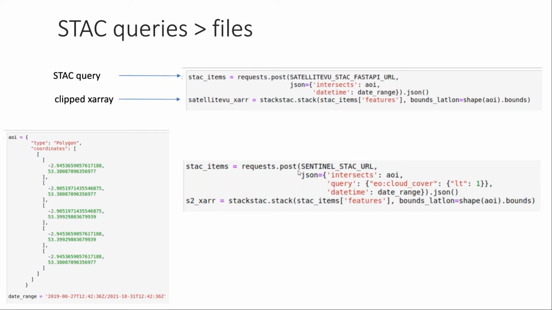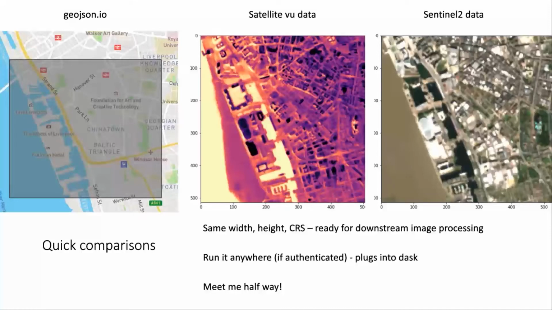So this kind of format allows us to generate this X-array very rapidly. And for Staellite View, that means we can run the stack query rather than passing files around, and then generate the results inside a Jupyter Notebook.